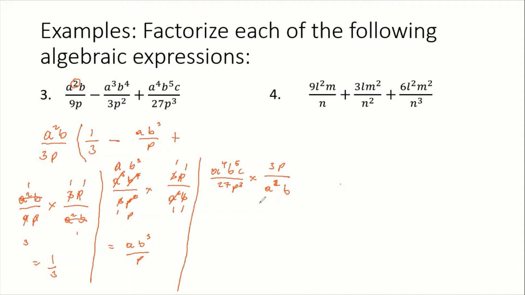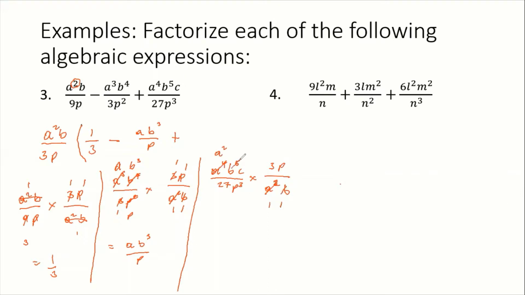Right? So now we can cancel out some terms. So here we know that a squared into a squared is 1. A squared into a to the fourth will give us a squared. Then b into b, that's 1.